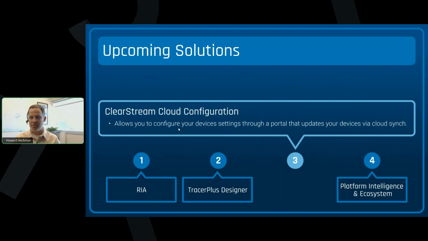That would be done through the ClearStream configuration, but putting that all in the cloud so that you can configure a full solution in this one portal, this one suite that allows you to configure everything and get that data into your PTS cloud and have it customizable to exactly what you're looking to configure.